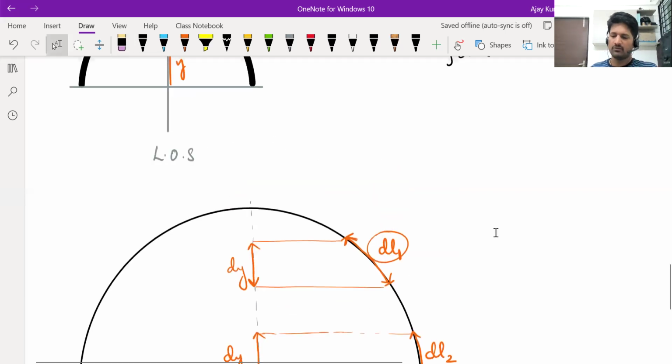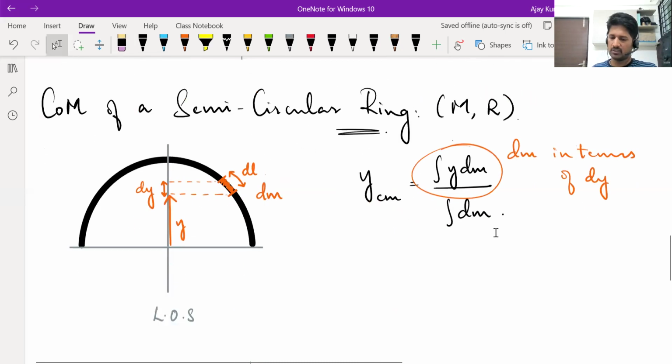Fine. Now, why are we even bothered about all this? Because what we want is the position of this semicircular ring, and to do that, we have to do integral y dm divided by integral dm. For that, we need to express dm in terms of dy. Now we know how to express mass of an element in terms of length of that element itself. We can express dm in terms of dl if you want. How to connect dm and dy is what we are thinking about now.